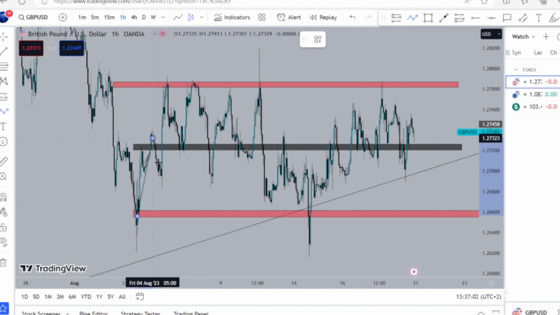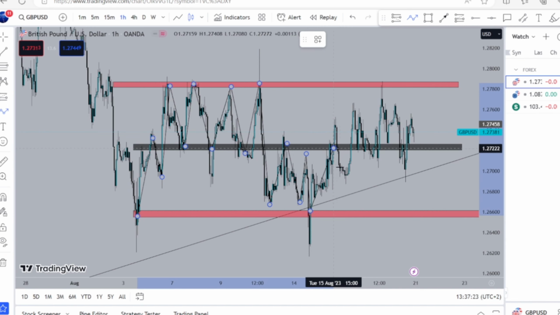We pushed up, found the resistance, broke through, found support, went back up, fake out, went back out, found support, back up, then broke through, found resistance, broke through, found resistance, and the fake out right there.